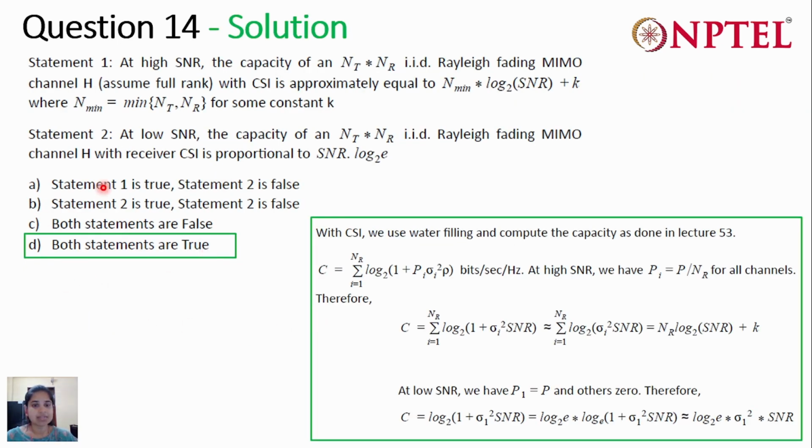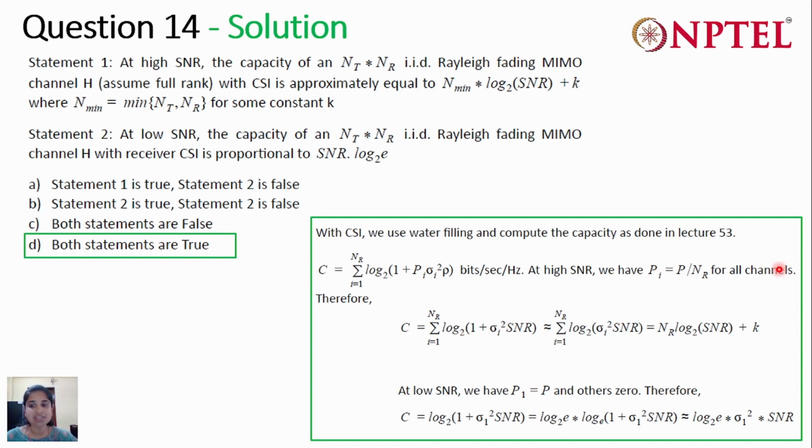So the answer is both the statements are true. Let's see how. With CSI, we use water filling and compute the capacity. So capacity C is equal to summation i equals 1 to NR log to the base 2 of 1 plus Pi sigma i square into rho bits per second per hertz. At high SNR, we know that Pi can be written as P divided by NR for all channels.